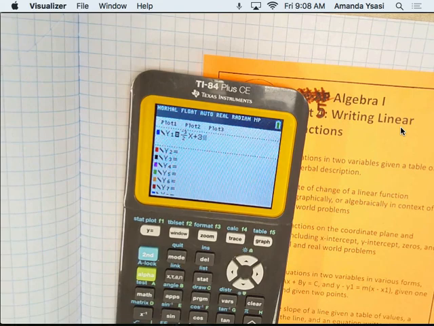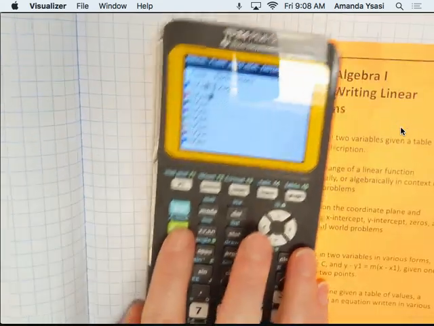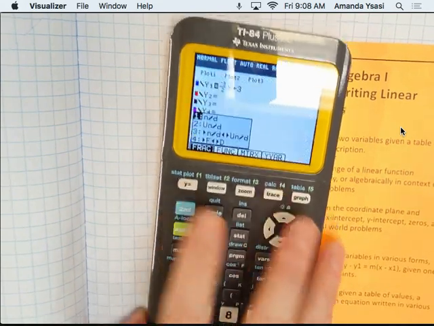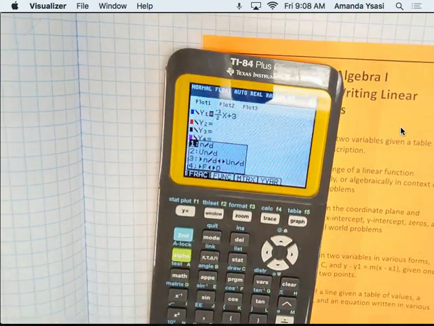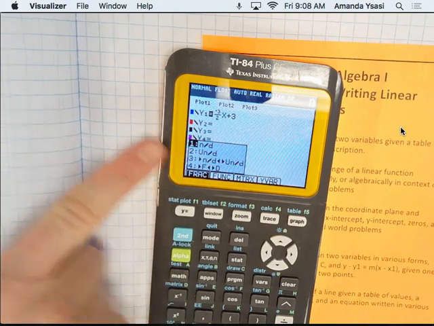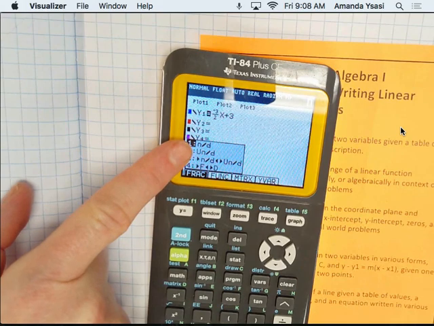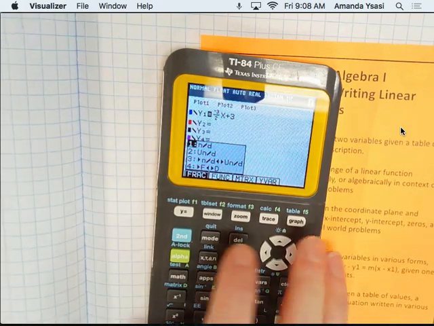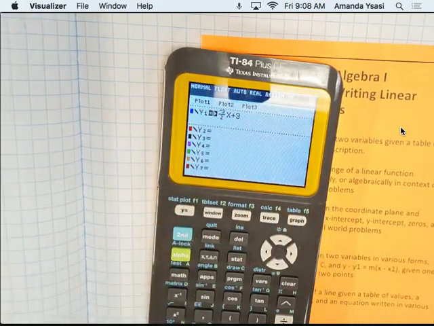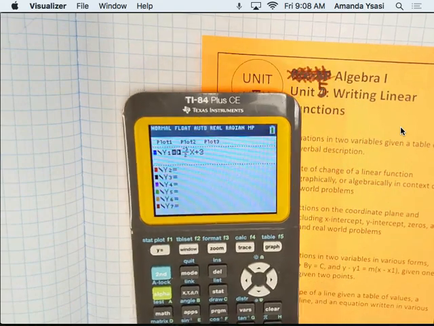You should get the same answer. You go alpha, y equals. Once you're on the y equals page, where you want to put the fraction, do alpha y equals, and see how that says n over d. That means numerator over denominator, which is your fraction. So negative 3 over 2x plus 3.